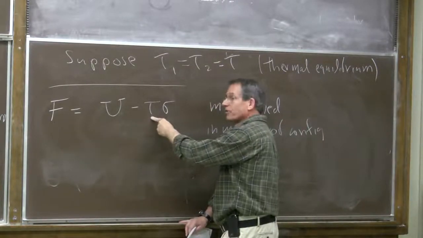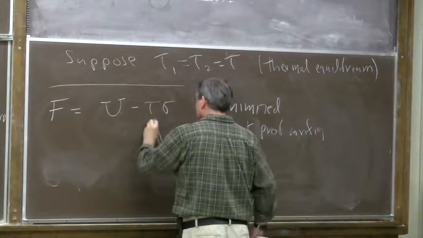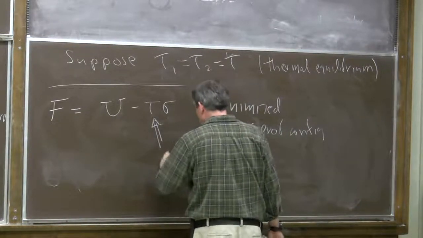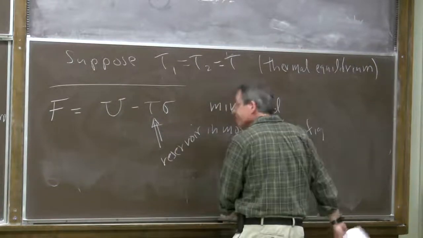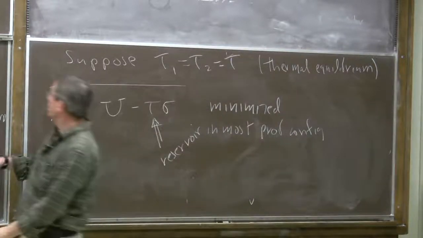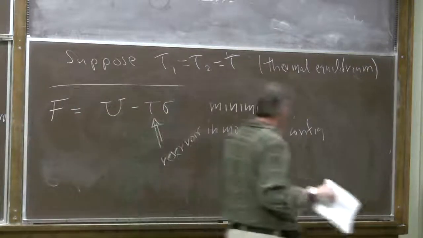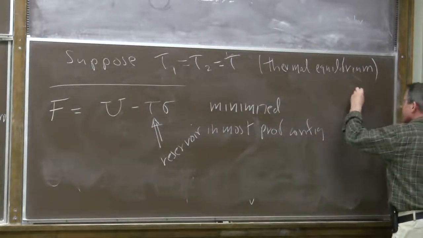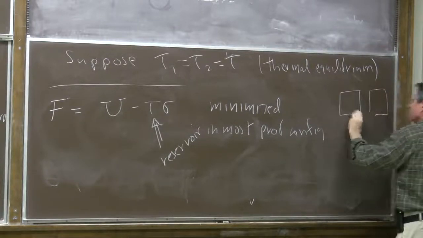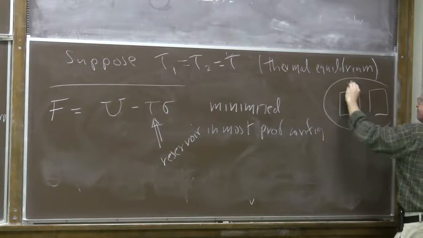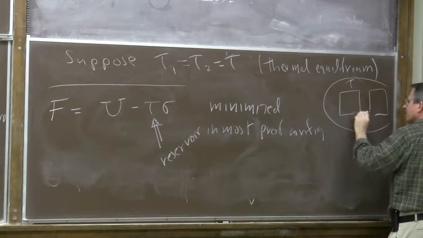So tau now is the temperature; think of that as the temperature of a reservoir. So imagine 1 and 2 are both in contact with the reservoir. That's why they're at the same temperature. Now they're diffusively coupled.